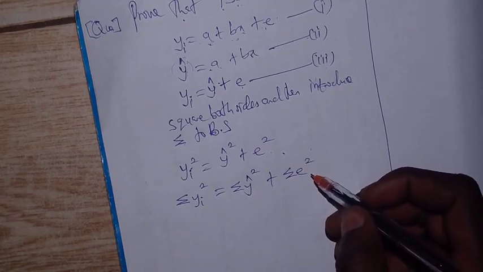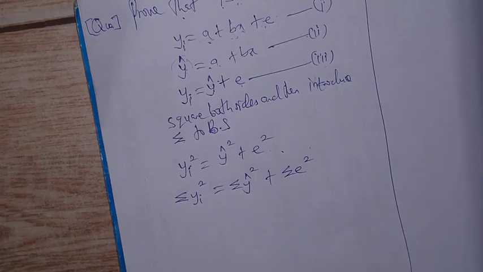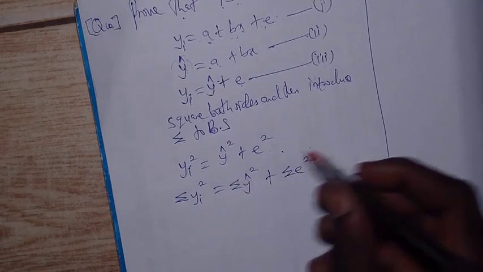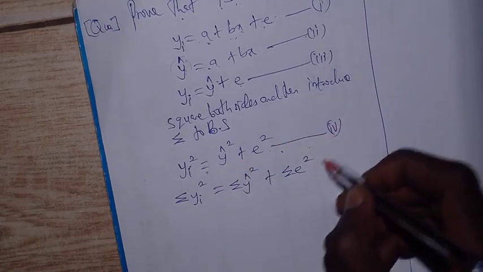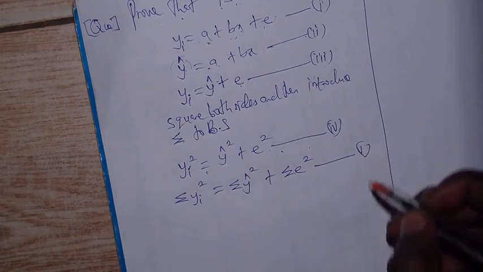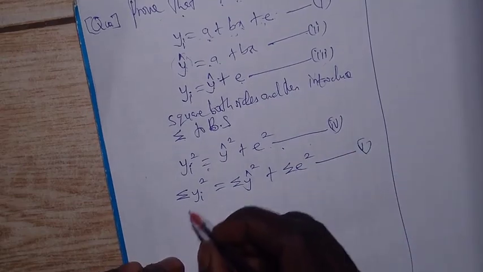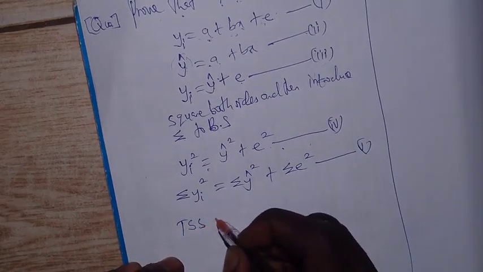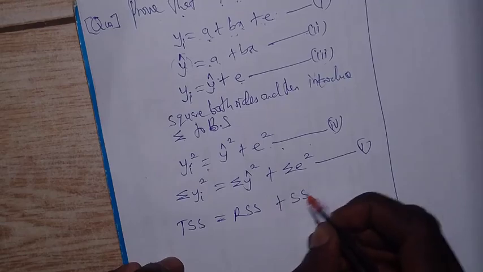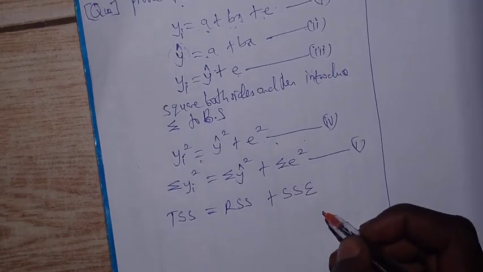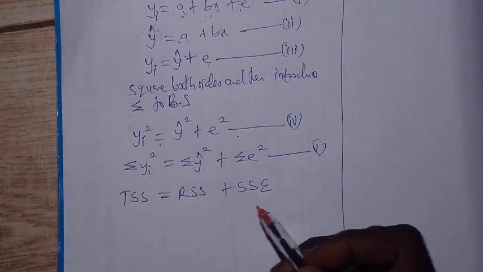This is equation 4, and this is equation 5. Now from equation 5, we can say this is the same thing as total sum of square is equal to, this with cap, regression sum of square plus sum of square error. Are we together? Total sum of square equals regression sum of square plus sum of square error.